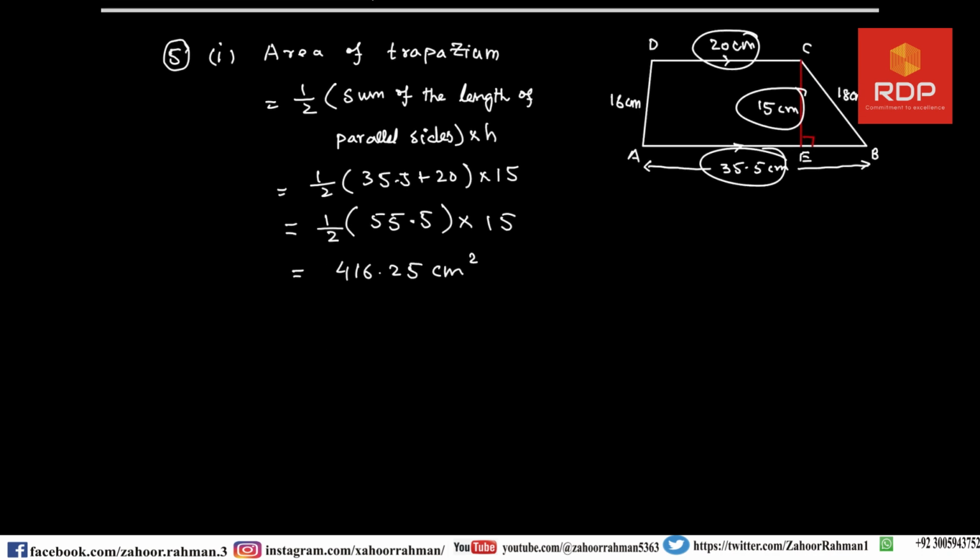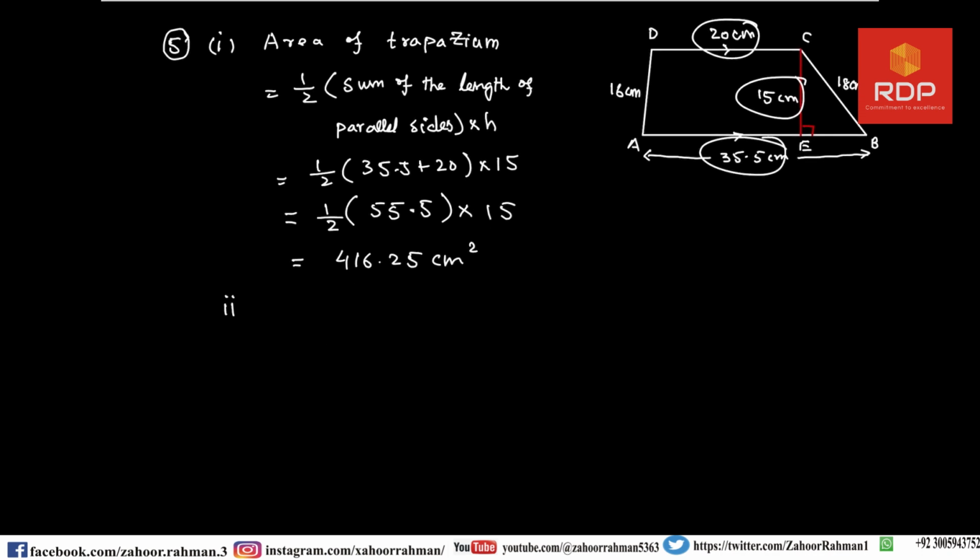Now the second part is saying to find the perimeter. So in this case we have to look at the perimeter of the trapezium, which is the length of the external lines. That will be equal to the first line 35.5, the second line 18, the third line 20, and the fourth line 16.